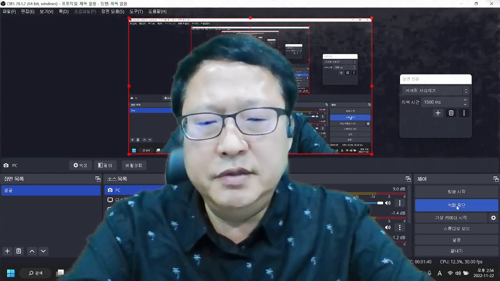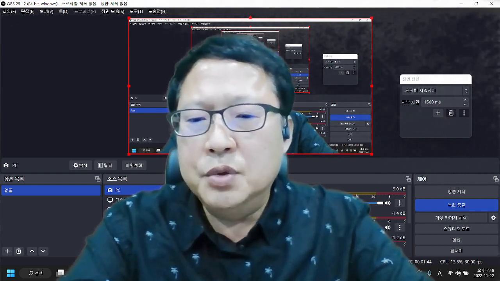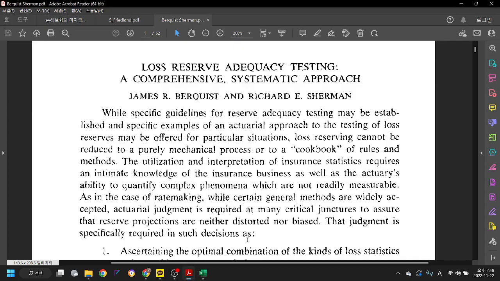There are two consultants. I will show you that original paper. It was probably published in 1978 or 1979, and the paper's name is Loss Reserve Adequacy Testing.